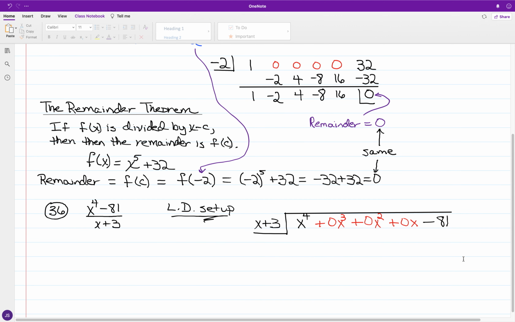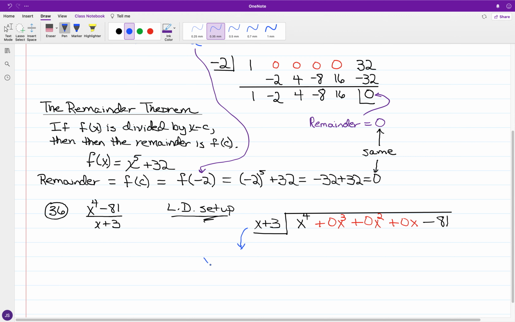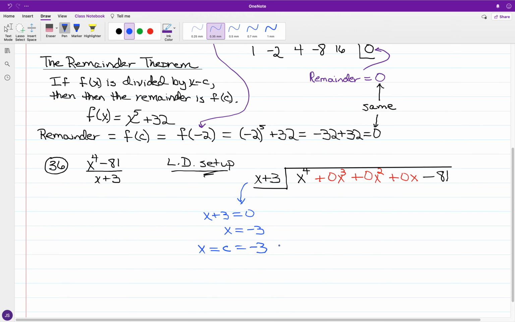And translating what we have in terms of synthetic division. Okay, so we have x plus 3 is equal to 0, and we have that x is equal to negative 3, and again we have x is equal to c is equal to negative 3.